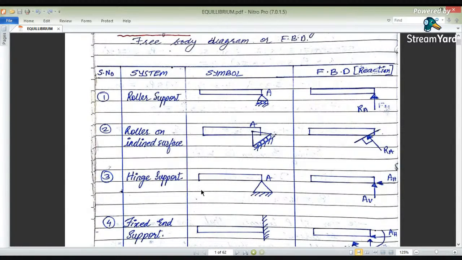But in a hinge, it is moving in x and y directions. Therefore we are applying reactions at A, that is, a vertical reaction at A and a horizontal reaction at A.